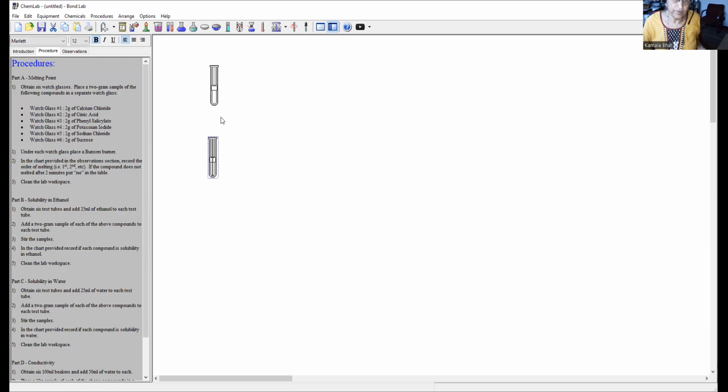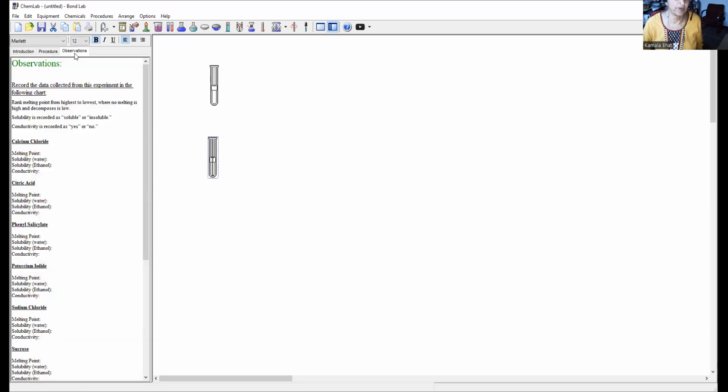And what do you see? Whatever you see, you record it under your observation table. So you have first the melting point, then the solubility in water, solubility in ethanol, and do it for all the compounds. You fill up your result. After you fill it up, again remember to copy and paste the pictures. Then once you do it, clean up your table.